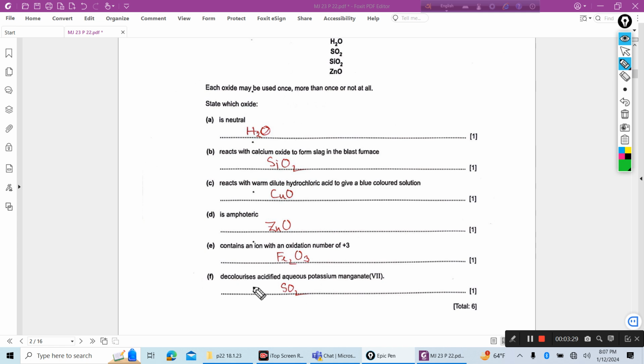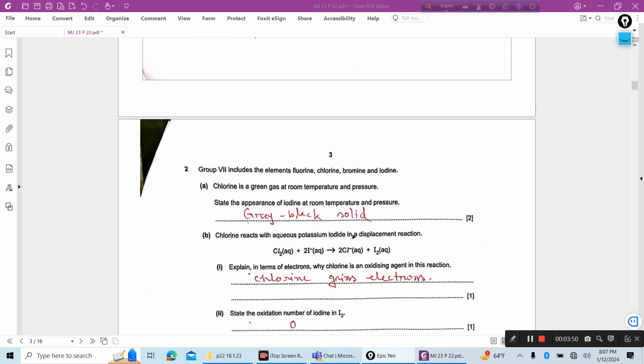F, decolorizes acidified aqueous potassium manganate. This is the test for sulfur dioxide. Sulfur dioxide turns acidified potassium permanganate from purple to colorless. So this is sulfur dioxide. Now next, question number 2.